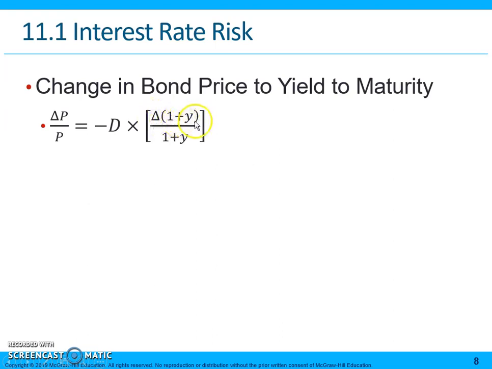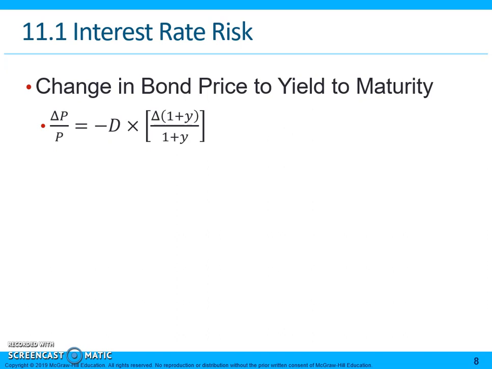The change in y is the same as the change in 1 plus y. The smaller the change in yield, the more accurate the calculation is, and we'll see that on a future chart.